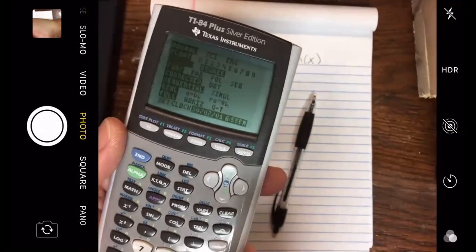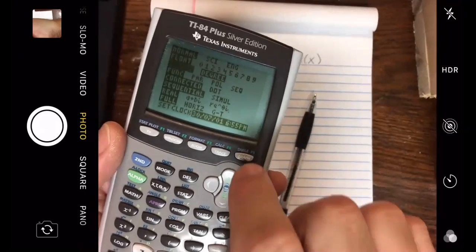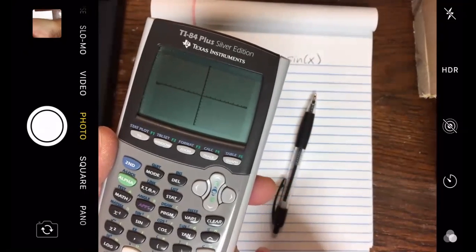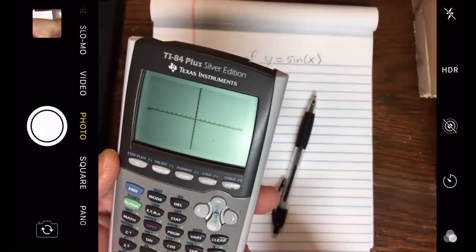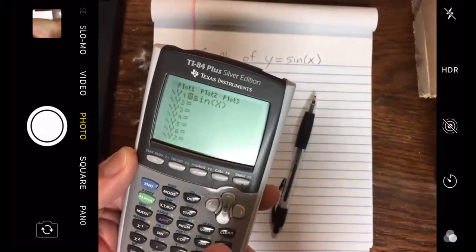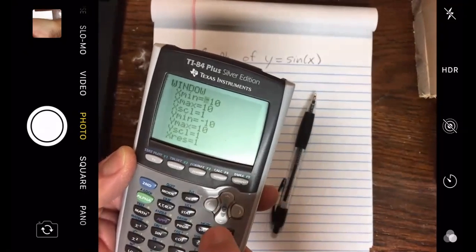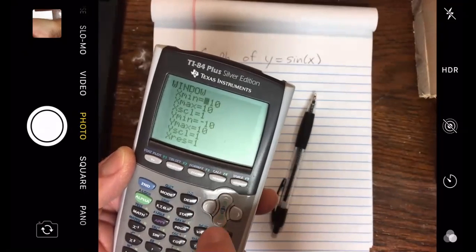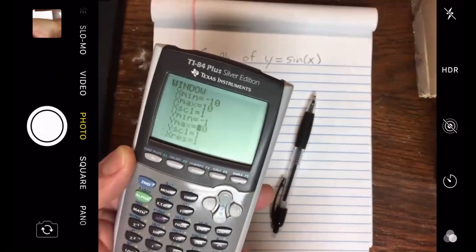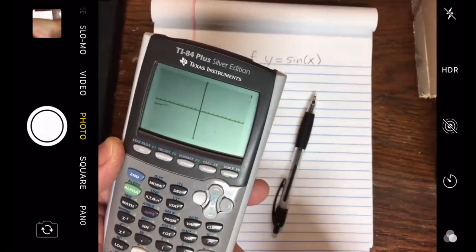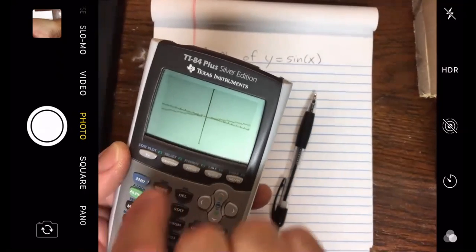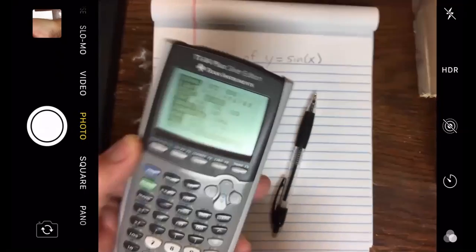I'm going to be in radian mode. And so when I hit graph, let me come down and I'll put in negative 1 to 1. So I stuck it in radian mode.